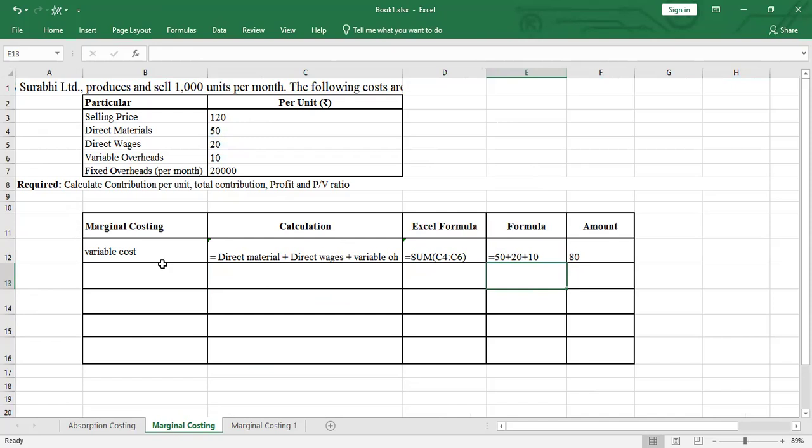Next thing which we have to do is calculate contribution per unit. As I mentioned initially, the contribution per unit formula is selling price minus variable cost.